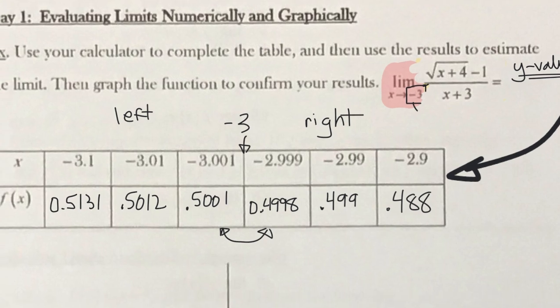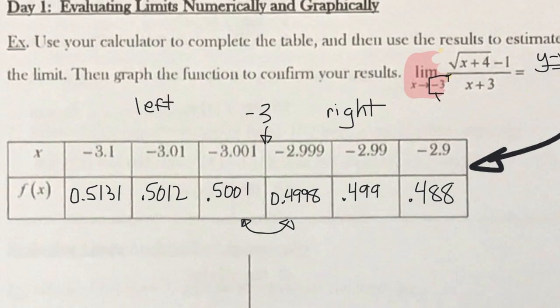So as we look at these numbers, from the left, we're getting 0.51 and then 0.501 and then 0.5001. So it looks like these numbers are getting closer and closer to 0.5 or 1/2 as we get closer to negative 3. And then from the right, approaching from the right, we have 0.488 and then 0.499 and 0.4998.